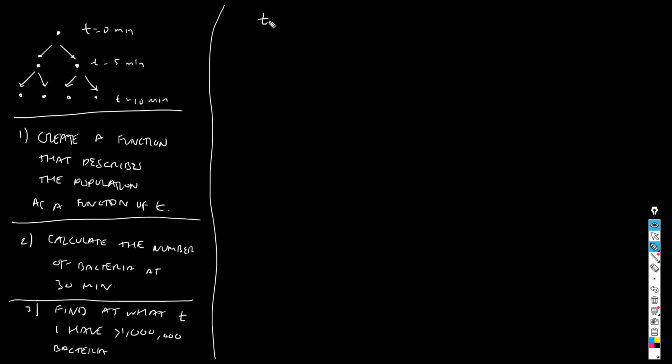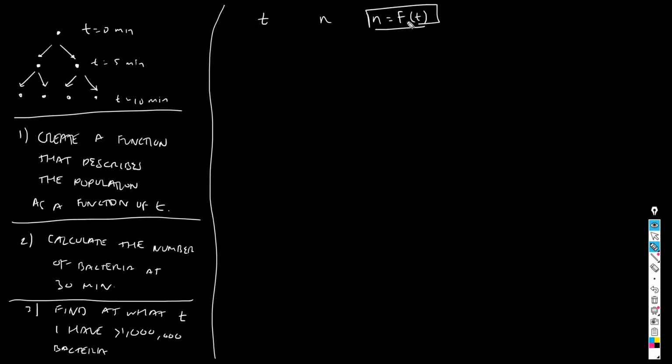I'm going to have time as my independent variable, and n, which represents the number of bacteria at each time, as my dependent variable. So we say that this dependent variable is a function of my independent variable.